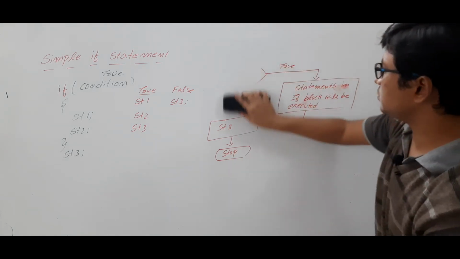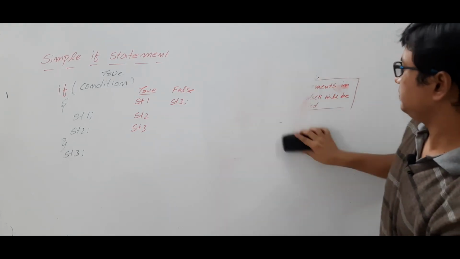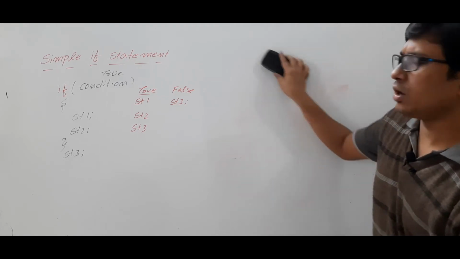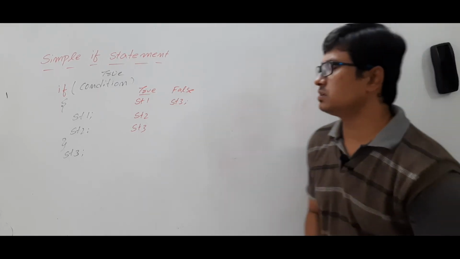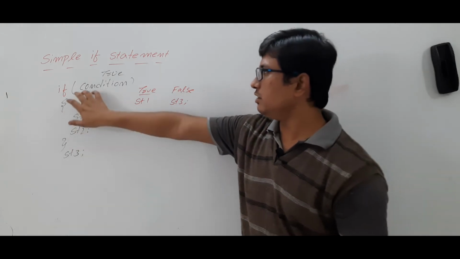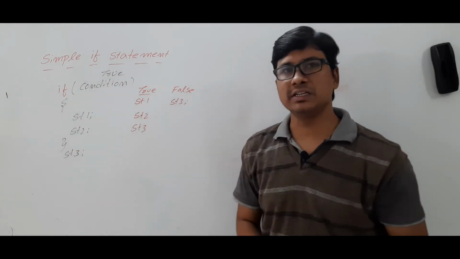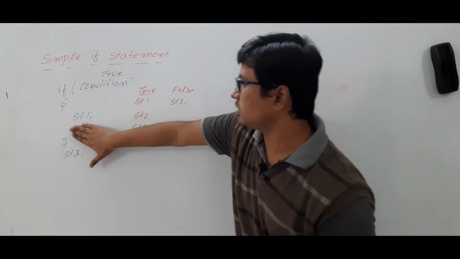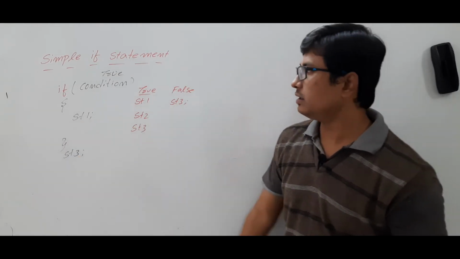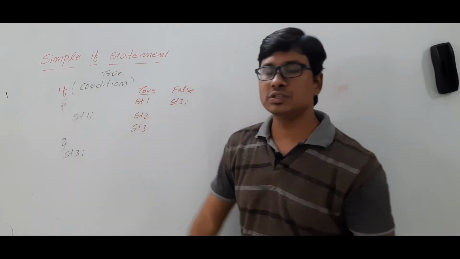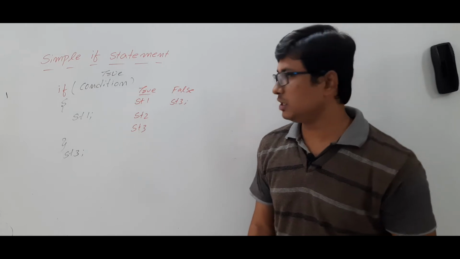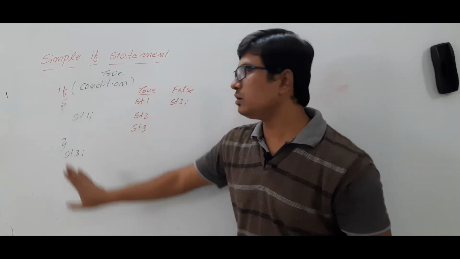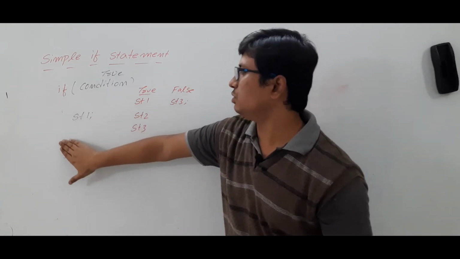Now let me discuss a simple example. One more important point I will discuss. Remember one thing, if in an if block only a single statement is there, suppose you don't have statement 2, then the open curly braces and closed curly braces are optional. Optional means you can write them, or even if you do not write them, no problem.